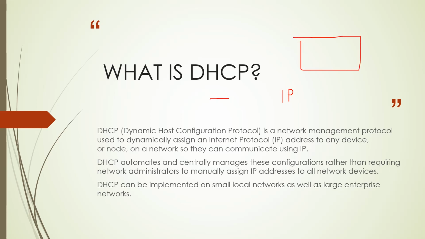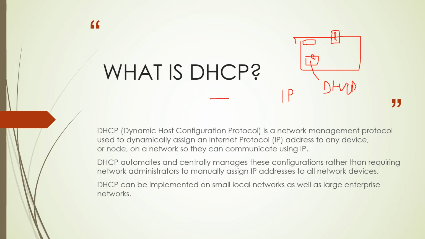So suppose this is the network and there are switches and routers. This is the router, not inside the network but outside the network. And these are switches. Let's suppose DHCP is implemented on this.